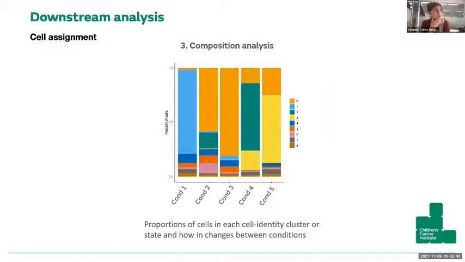Yeah, and then once you have your cells identified based on cell type or based on the trajectory or developmental state, then you can look at what are the proportions of these cells in your different conditions, and look if there is an expansion of a type of cell type in a condition versus another condition.